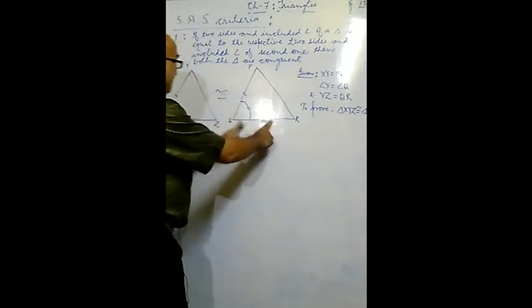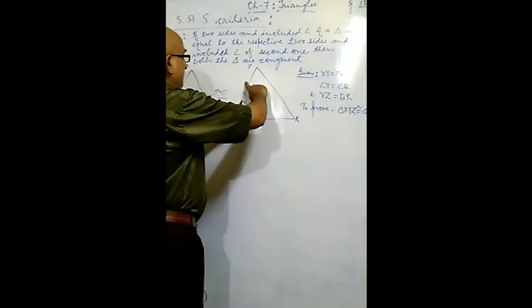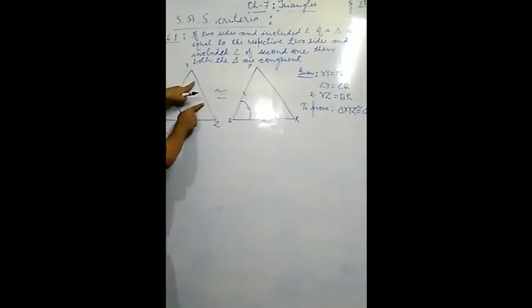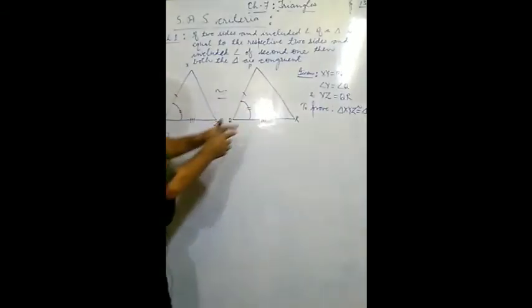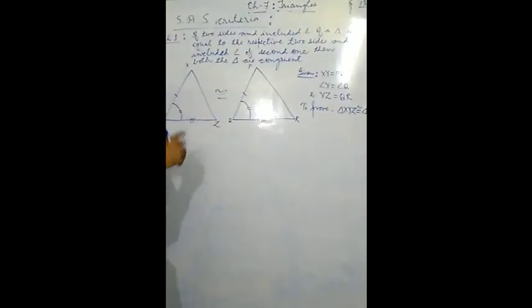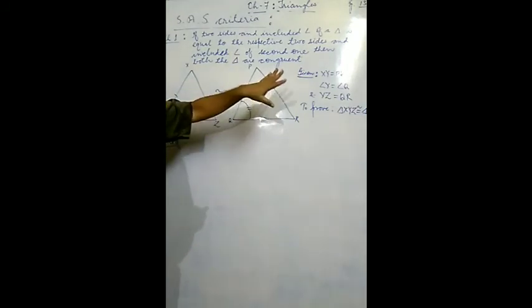Now this side is coincided here, this side is coincided here, and this one is coincided with PR. All three sides of the first triangle are coincided with triangle PQR. Therefore, both the triangles are congruent. Only if the shape and size of this triangle is equal to the shape and size of this one can we say that both the triangles are congruent.